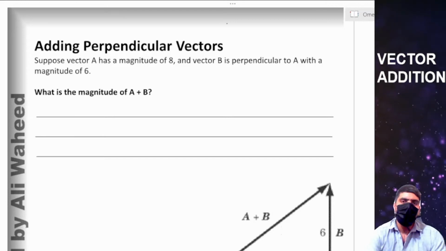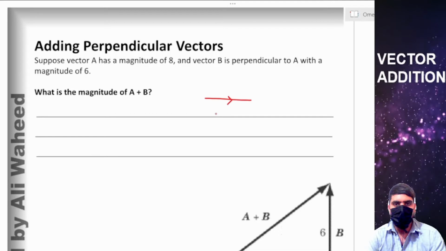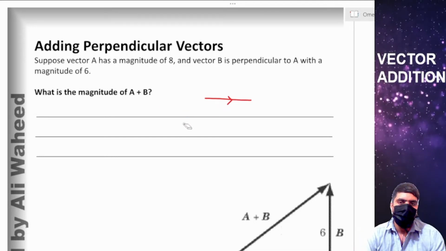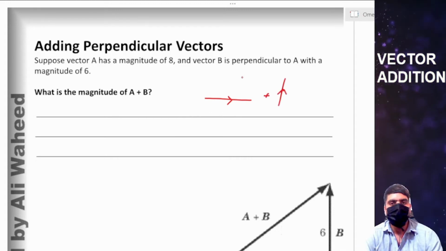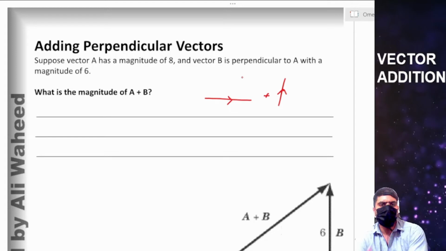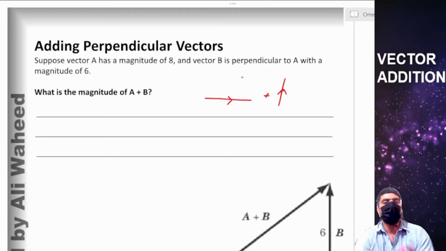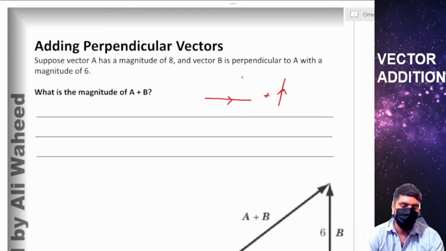But what if one of the vectors is, let's say, towards the right side, and there is another vector that is, let's say, upward? Now you need to add these two. We cannot simply add them because they are not in the same direction, and we cannot subtract them because they are not in the opposite direction. So what do we do in that kind of situation?